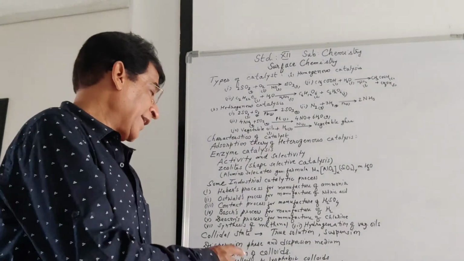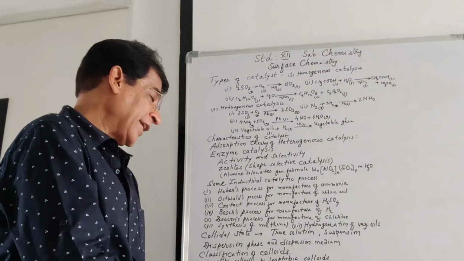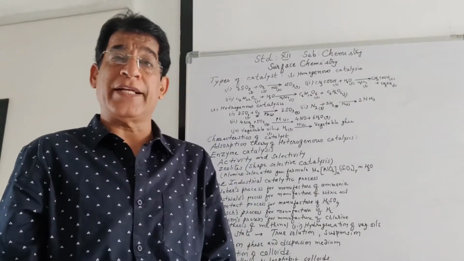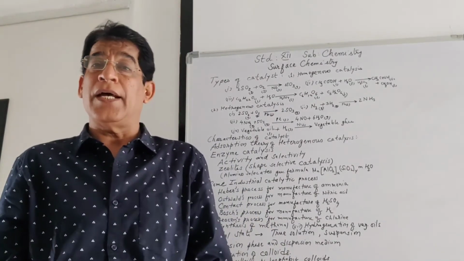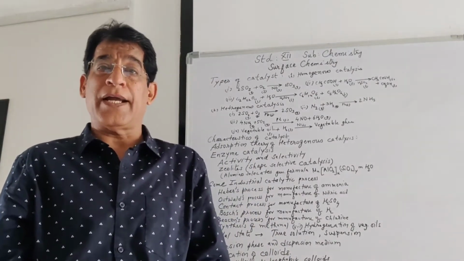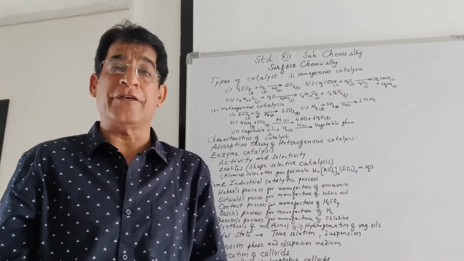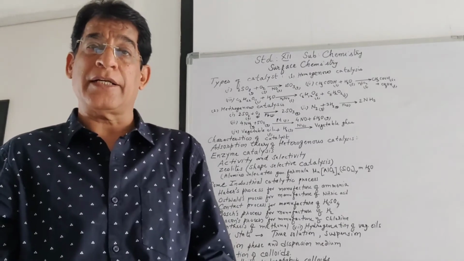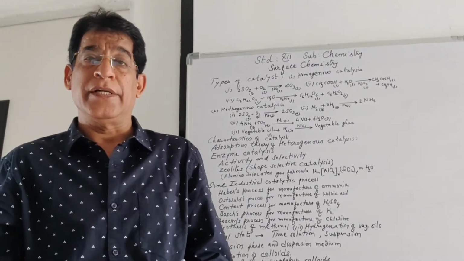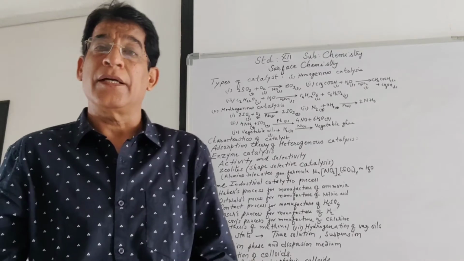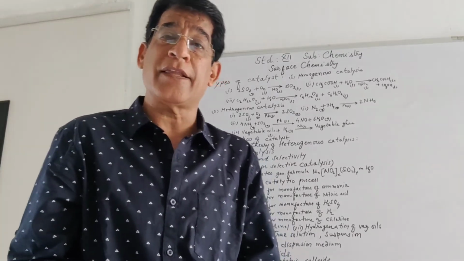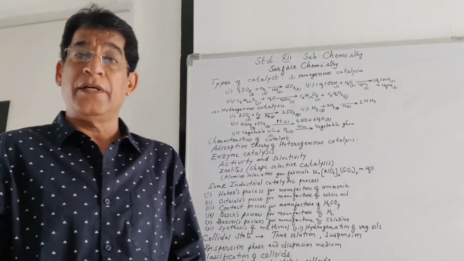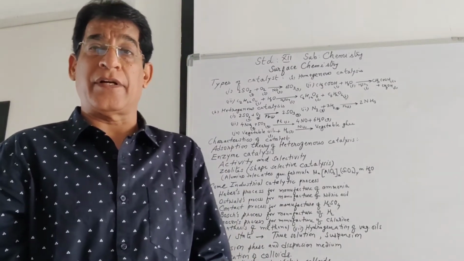Now, activity and selectivity. Activity is the ability of the catalyst to accelerate chemical reactions. The degree of acceleration can be as high as 10^10 times in certain reactions.